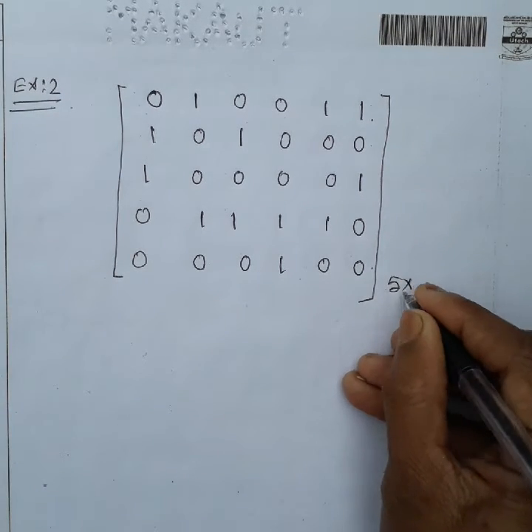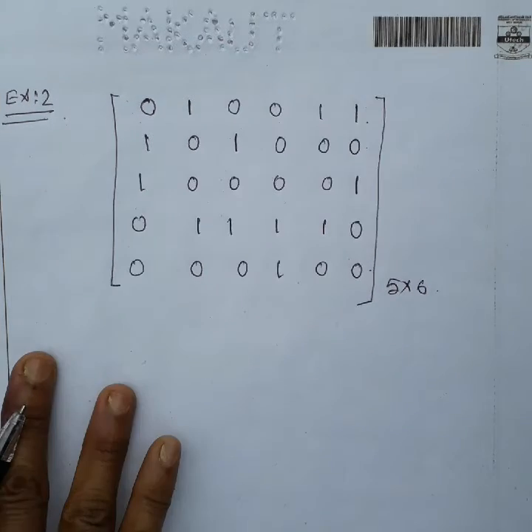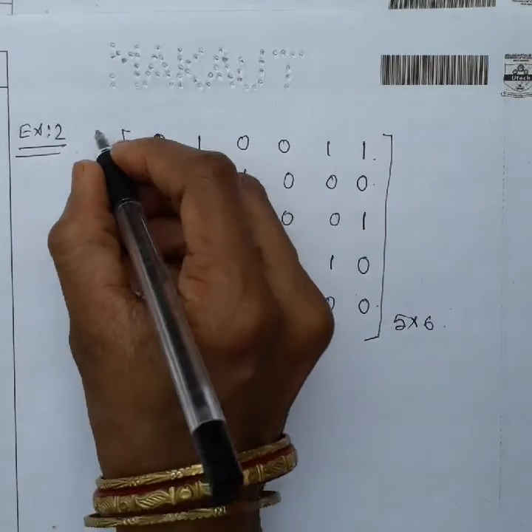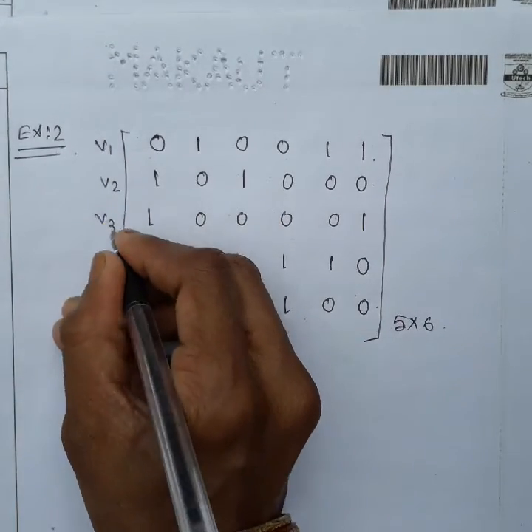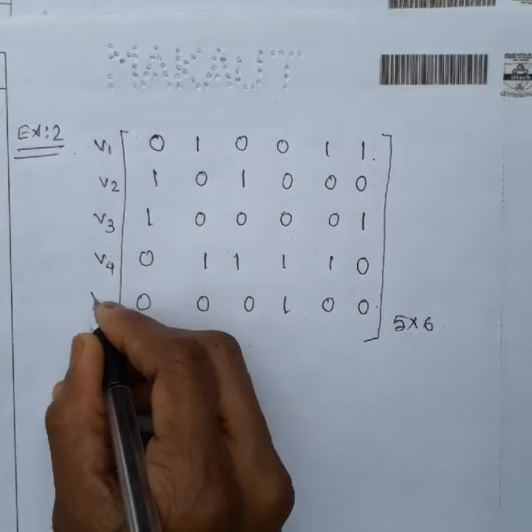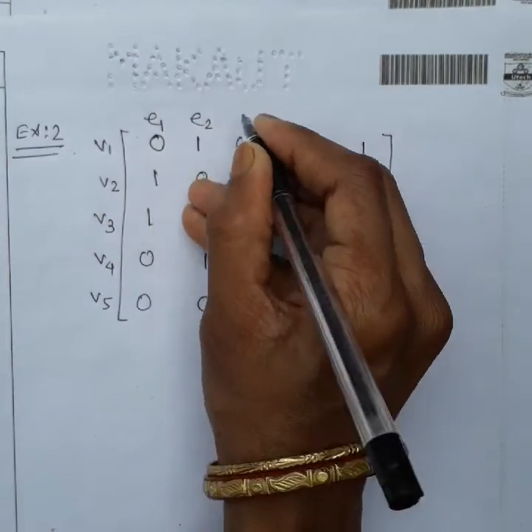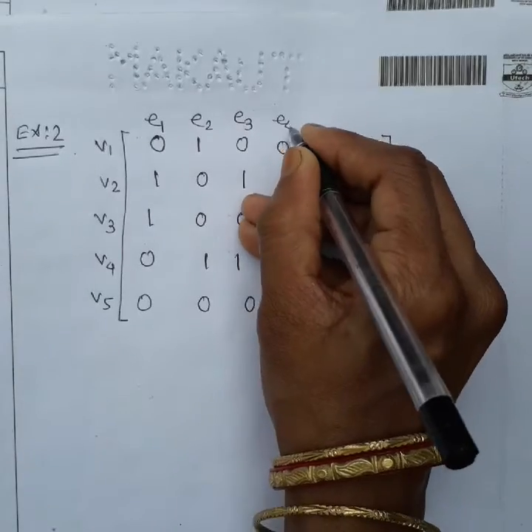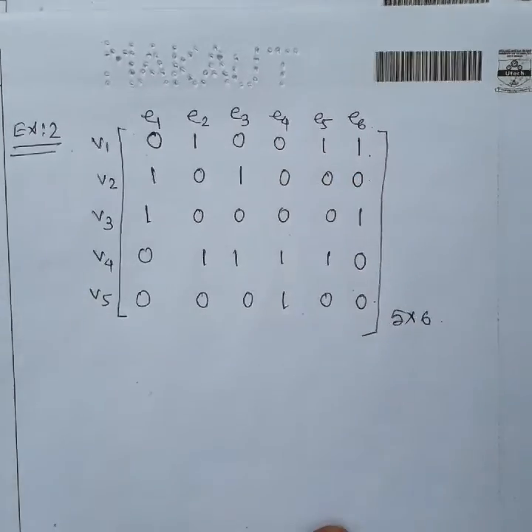So the number of vertices is 5 and the number of edges is 6. Clear? So we write the vertices V1, V2, V3, V4, V5 and the edges E1, E2, E3, E4, E5 and E6.